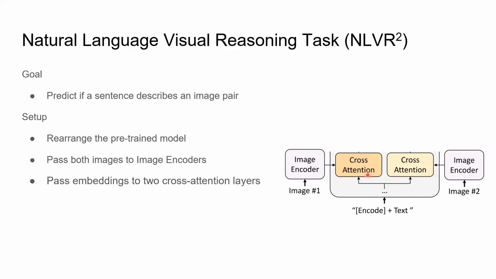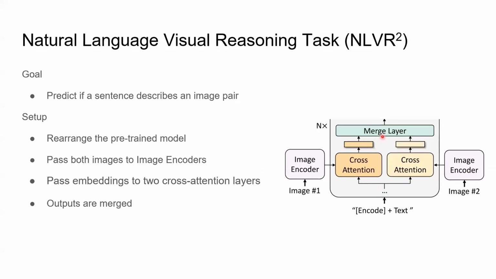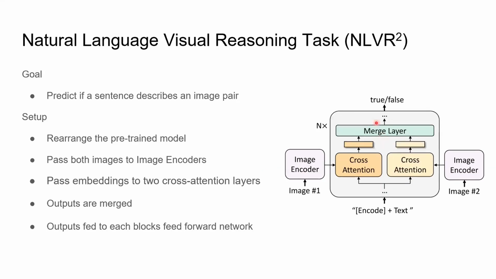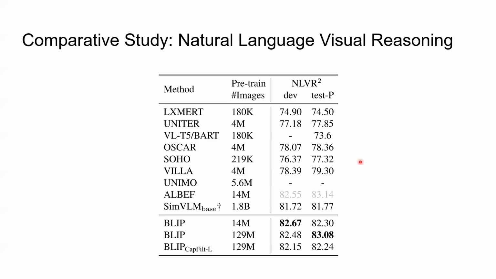Then all the embeddings are sent to 2 cross-attention layers, and the resulting outputs are merged together, and then they're fed to each block's respective feed-forward network. By making this alteration, now they can pass in 2 images, and they can specify that 2 planes are both in an airport, for instance, and each image has 2 different planes in an airport, and they can get a true or false answer.